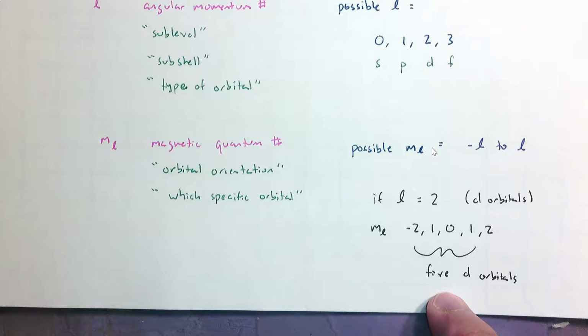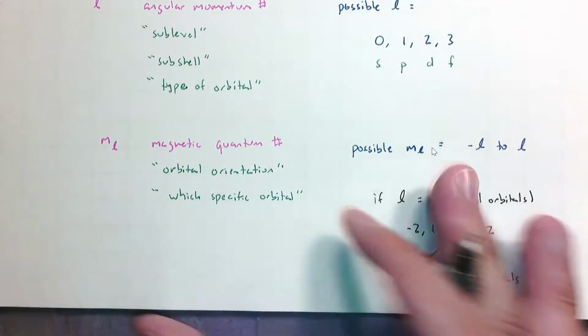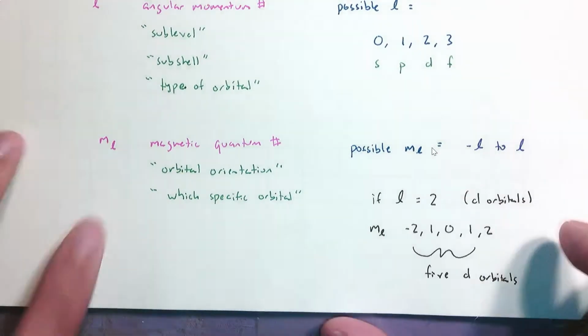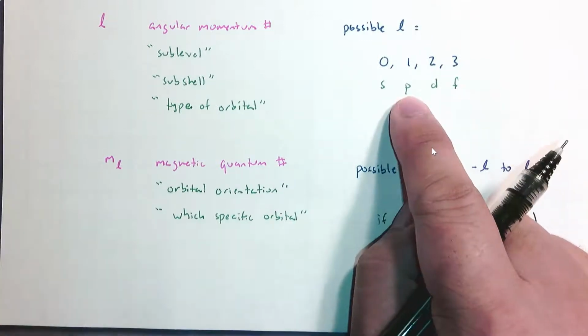It gets a little bit confusing because what is that 5? Is that 5 the amount, or is that 5 the energy level? Well, I'm not talking about the energy level. I'm talking about the number of d orbitals: 1, 2, 3, 4, 5. Let's go a little bit easier. What if your electron is in a p orbital?